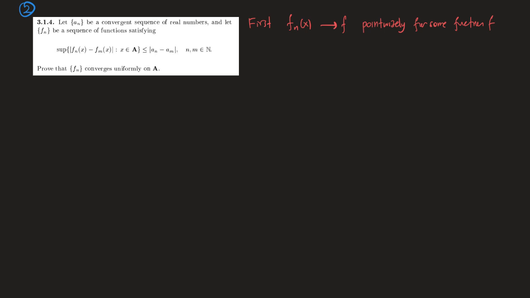Now for any x, okay, for any x in this set A, we have |fn(x) minus fm(x)| is less than the supremum of |fn(x) minus fm(x)| over x in A, obviously, right? Because it is an upper bound. And this is less than a_m.